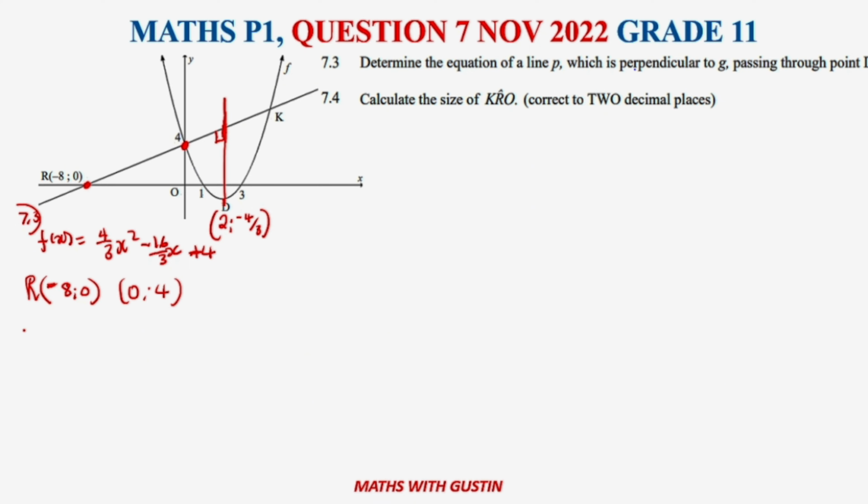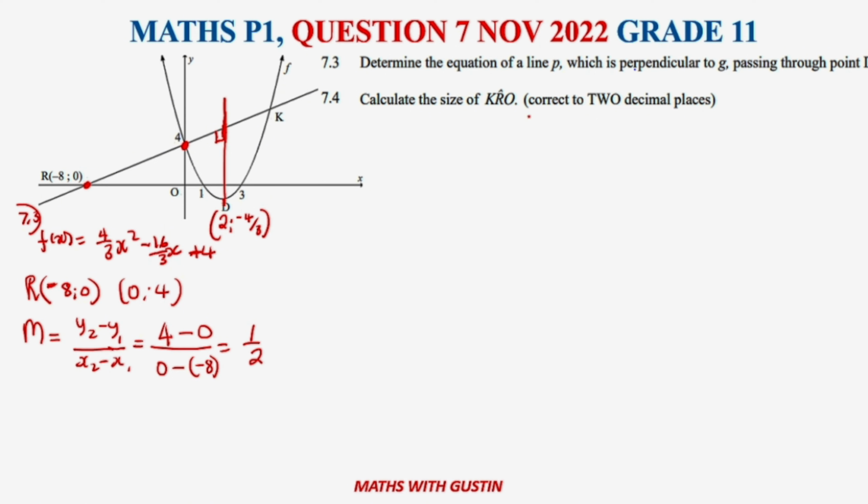So we can find the gradient between these 2 points: y2 minus y1 over x2 minus x1. We're applying analytical geometry here. That is 4 minus 0 all over 0 minus negative 8. Therefore our answer here will be 4 divided by a positive 8, which is going to give us half.